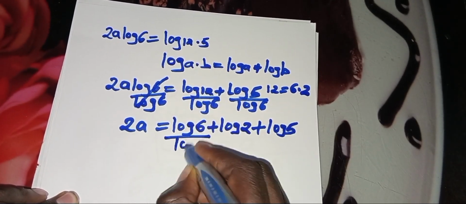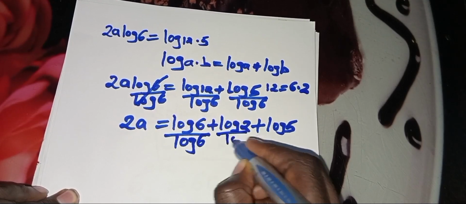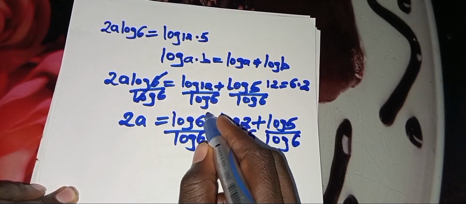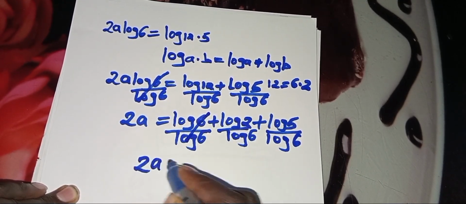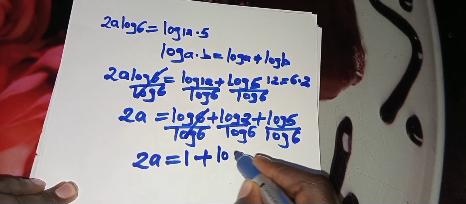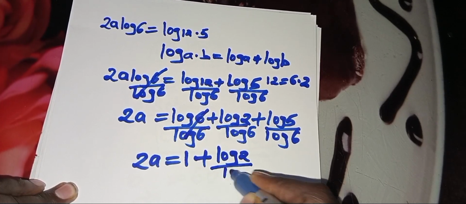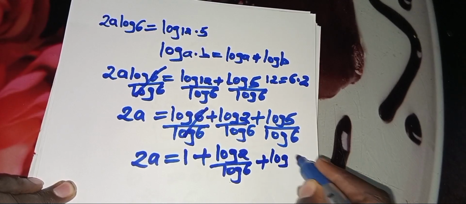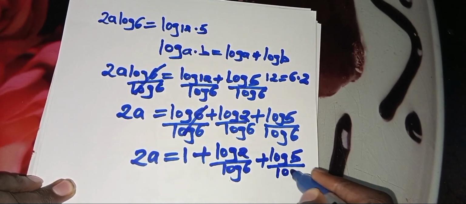We divide everything by log 6. So now we're going to have 2a equal to 1 plus log 2 divided by log 6 plus log 5 divided by log 6.